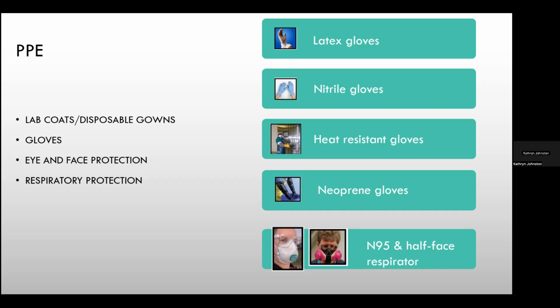Eye and face protection. If you're exposed to eye or face hazards, then it's important that you wear the appropriate protective gear. So goggles are primary protectors intended to shield the eyes against liquid splashes.